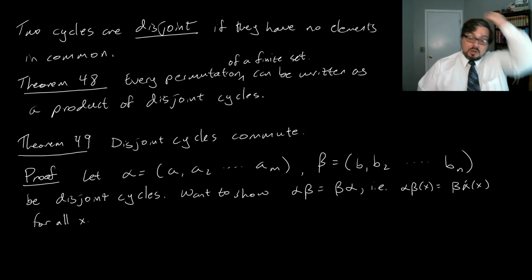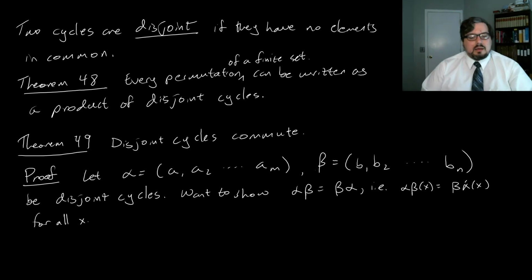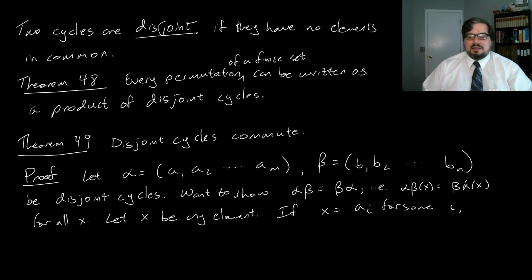So let's see what we get. Let x be any element. If x is equal to ai for some i, then let's look at what we get.